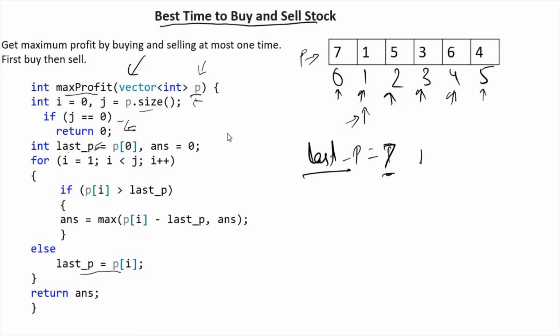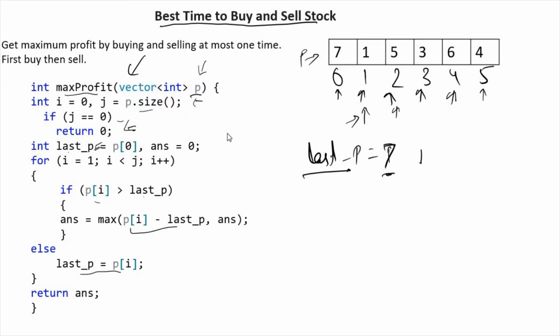Now let's move to 2. Here Pi, which is 5, is greater than the last day's price, which is 1, so in this case we are making a profit. How much profit? The current day's price minus the last day's, which is 5 minus 1, 4.